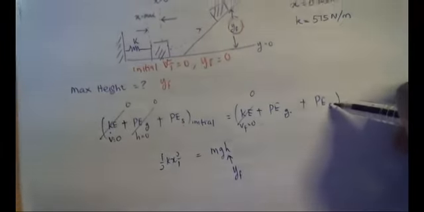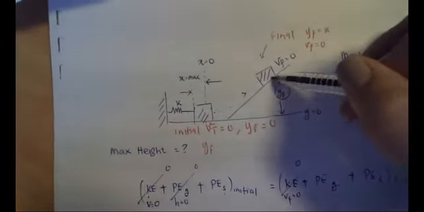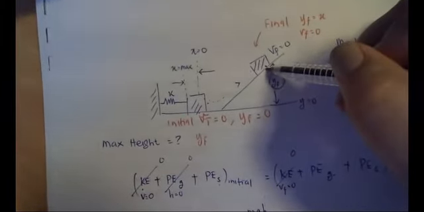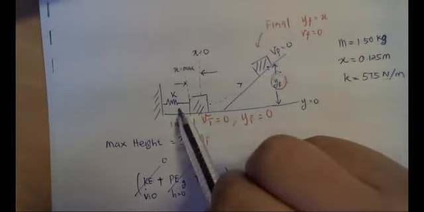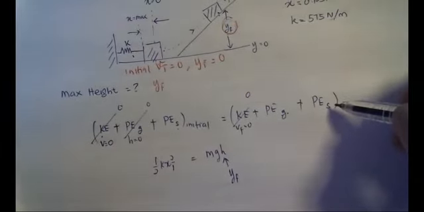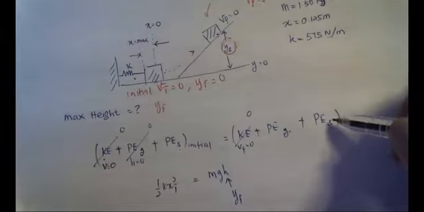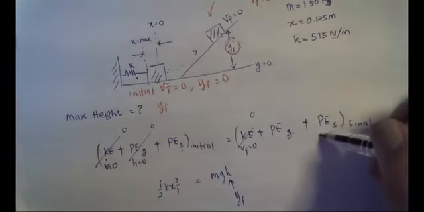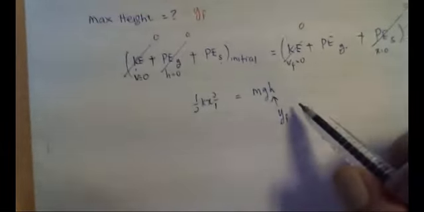And then for the spring, if you realize, when the block reaches the final position, it is not attached to the spring anymore. So the spring potential energy at the final position does not exist, with x equal to 0, so this one is equal to 0. Then this is your final position.